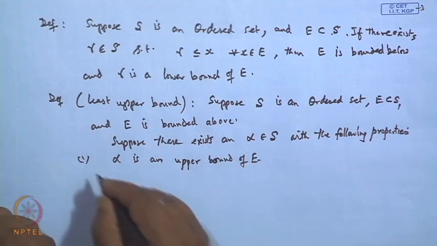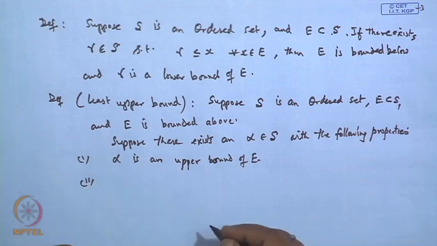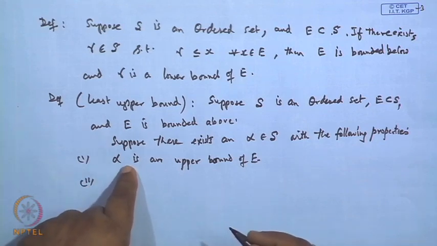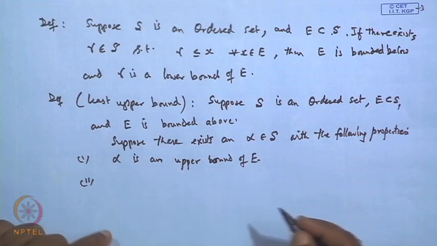This is the first property, and the second one is, if I take a number slightly lower than alpha, then it should not behave as an upper bound.